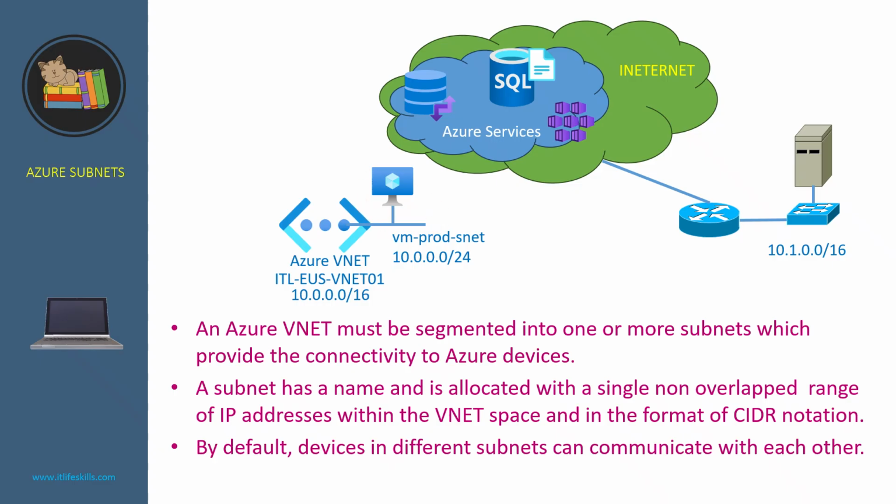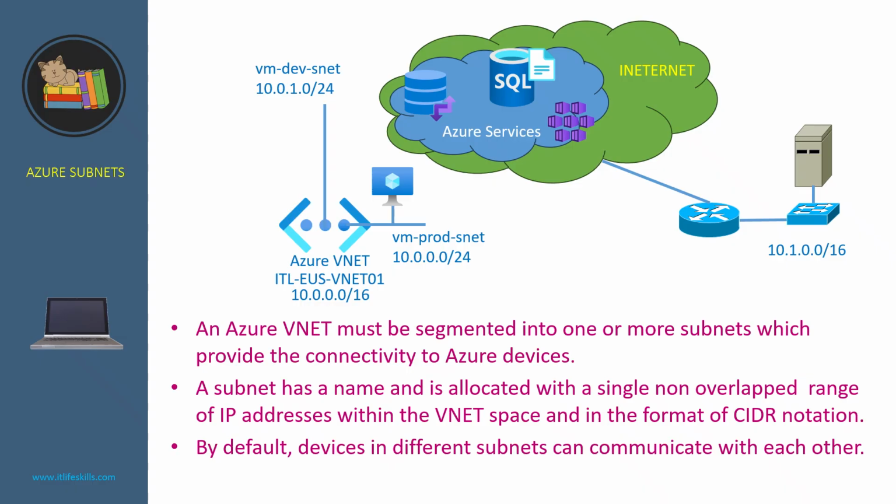Similarly, we can create a new subnet and name it VM dev subnet, and we assign the address range 10.0.1.0/24. As you can see, this address range assigned to the dev subnet does not overlap with the address range assigned to the production subnet, and it's also within the VNet space.